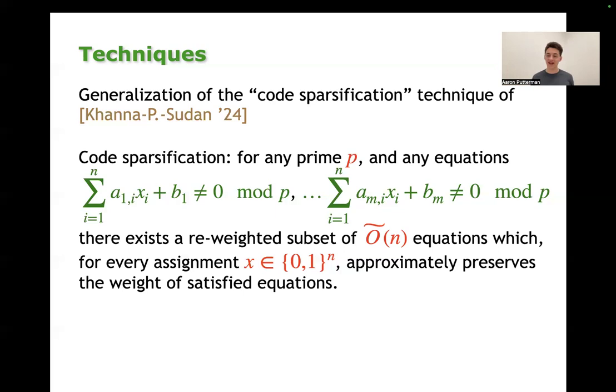In code sparsification, what we showed is that there exists a reweighted subset of basically O tilde n equations, where n is the number of variables, x1 through xn, which for every assignment approximately preserves the weight of the satisfied equations. So if it's an unweighted case where every equation has weight 1, you're just approximately preserving the number of satisfied equations.